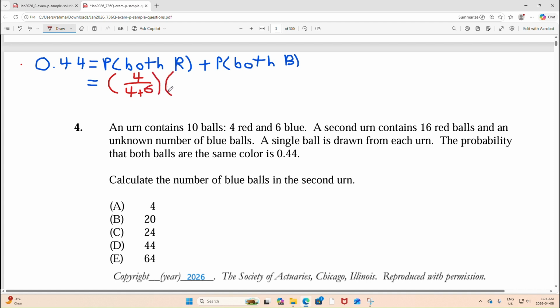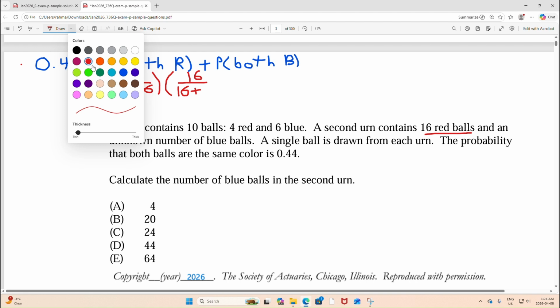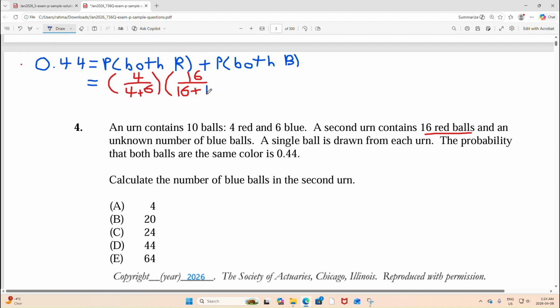And because of independence, we can multiply that by the probability that we're going to draw a red ball from the second urn, which is 16 red balls and an unknown number of blue balls. So in total, we'll have 16 plus whatever that number of blue balls is in the second urn, which is what we're looking for.